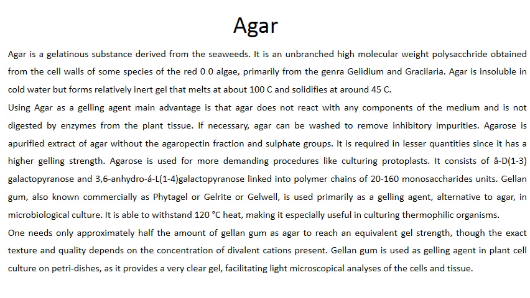One needs only approximately half the amount of gellan gum as agar to reach equivalent gel strength, though the exact texture and quality depends on the concentration of divalent cations present. Gellan gum is used as a gelling agent in plant cell culture on petri dishes as it provides a very clear gel, facilitating light microscopical analysis of the cells and tissues.